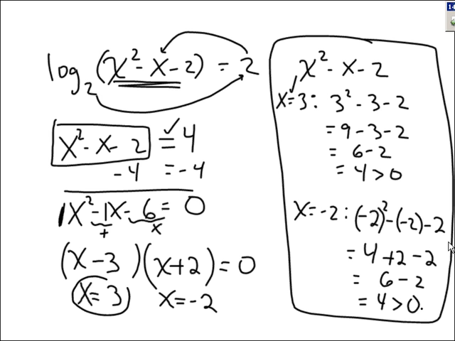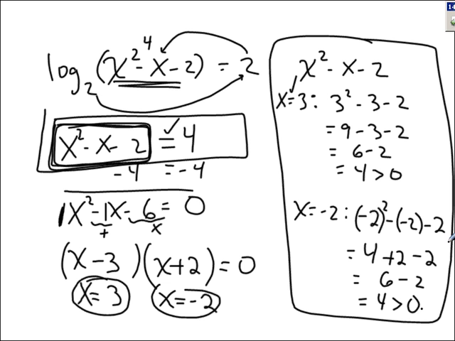These are the two numbers that make this equal 4. So this is going to be 4 when x is 3 or negative 2. So we didn't have to verify that it was positive. It already stated that right here.